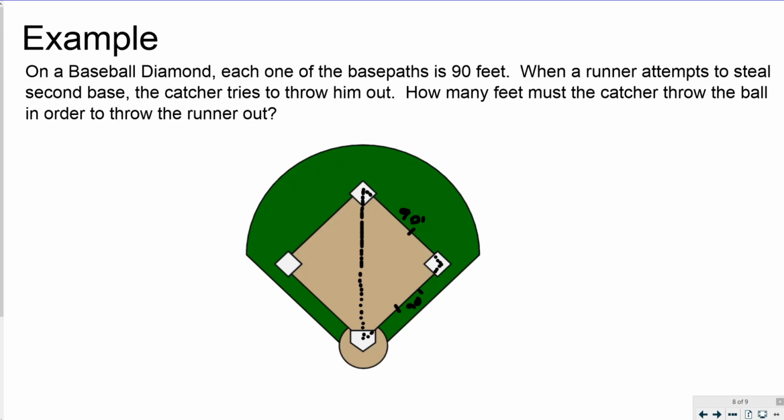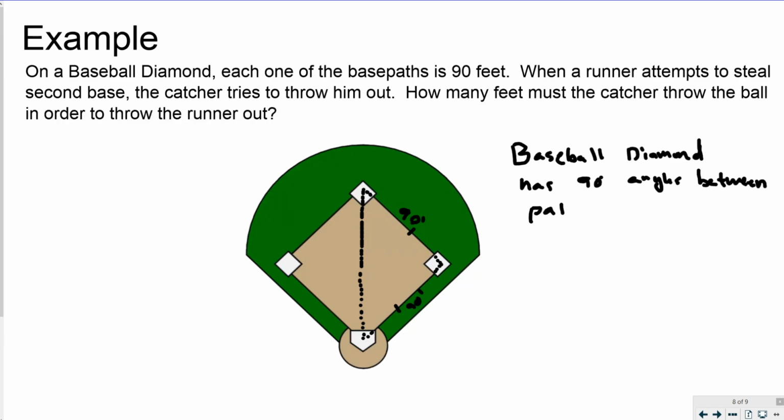So I have an isosceles right triangle, which creates a 45, 45, 90-degree triangle.